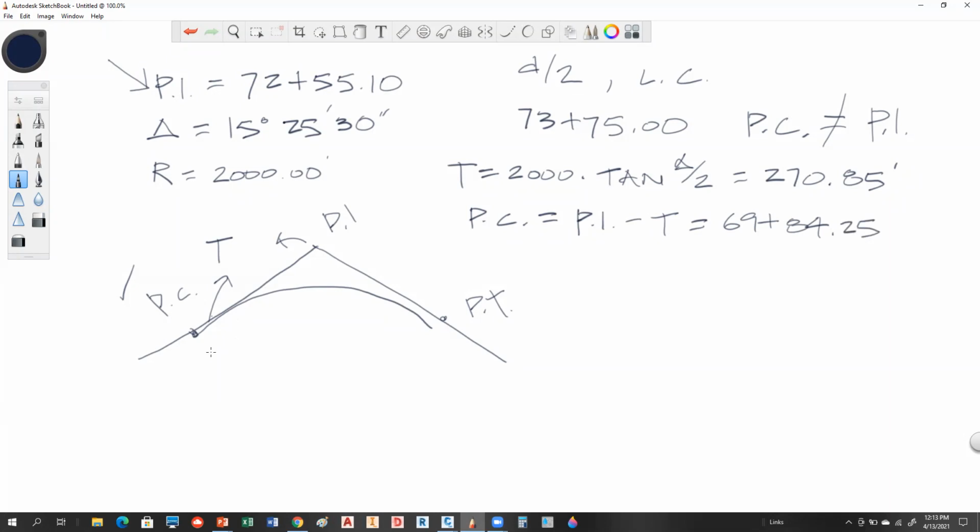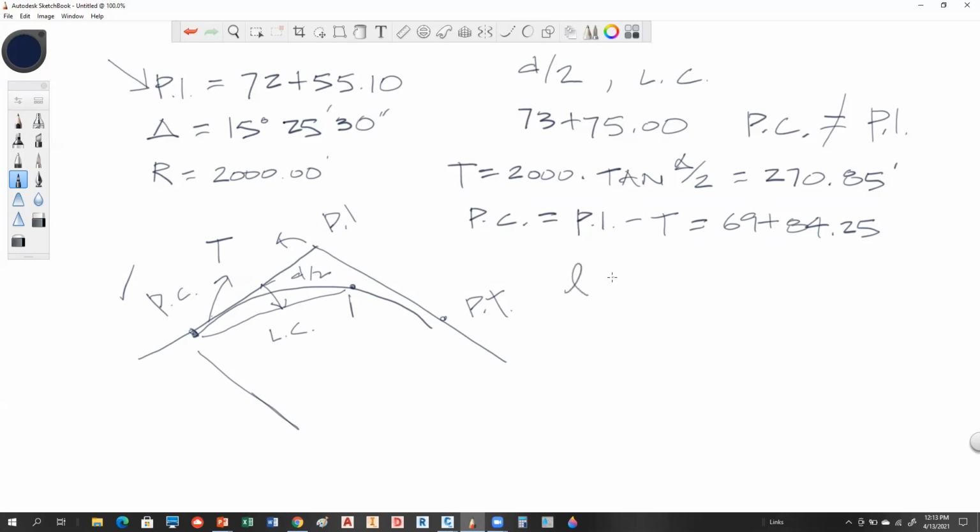So then you're sitting here at this point and you want to go to a station here. So what you need to do is calculate the long chord to that and the deflection angle. Okay, so now most of you guys use the right equations. You just use the wrong pieces of information. So what we need to do first is solve the distance from the PC to this stake here, which would be 7375.